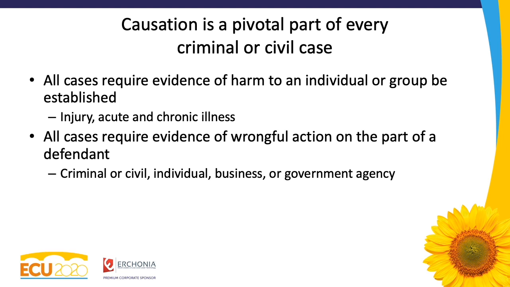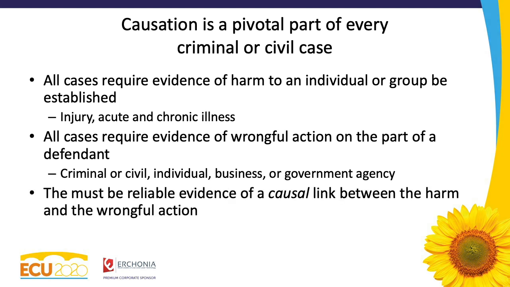A criminal one would be an assault, for example, whereas a negligent action would be something that wasn't criminal, like failing to use a car correctly, failing to obey a traffic signal, and causing a crash. But the thing that has to link those two together, the wrongful action and the observed injury, the diagnosed injury, is causation, a causal link.